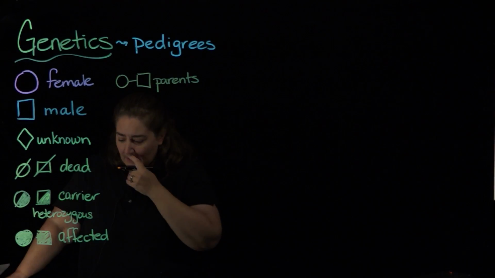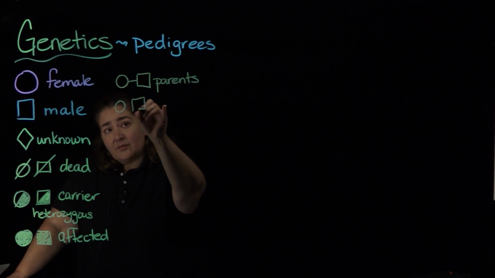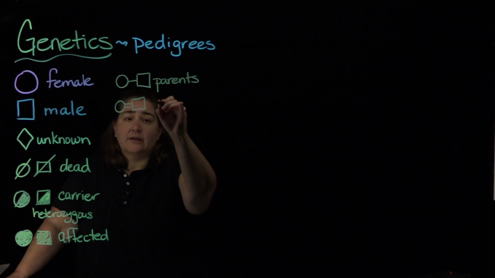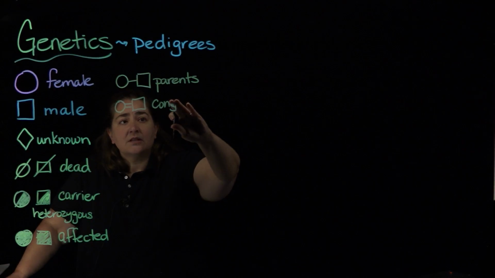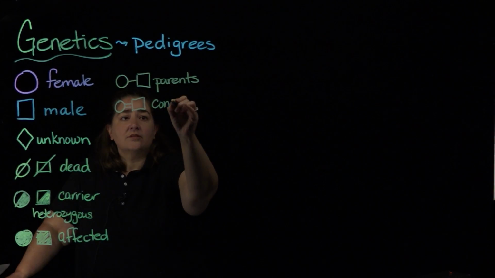And if you see a male and a female connected by two lines, that's what's known as, oops, I can spell, at least consanguineous is a longer word.